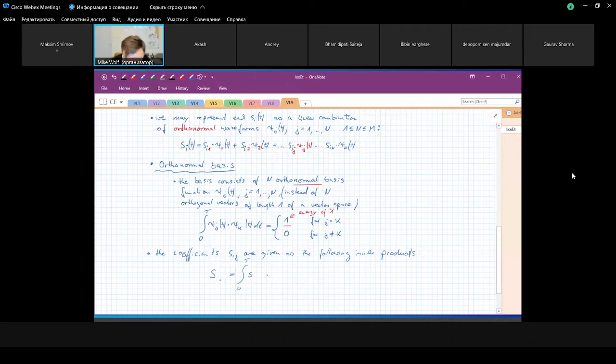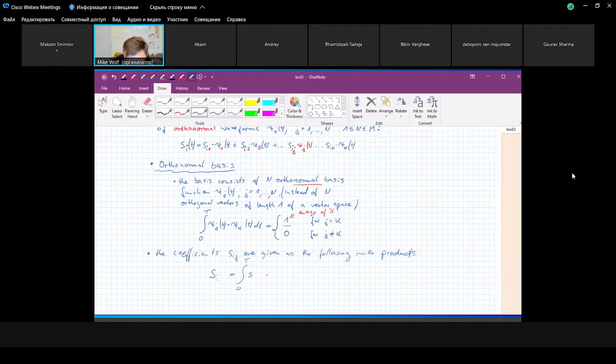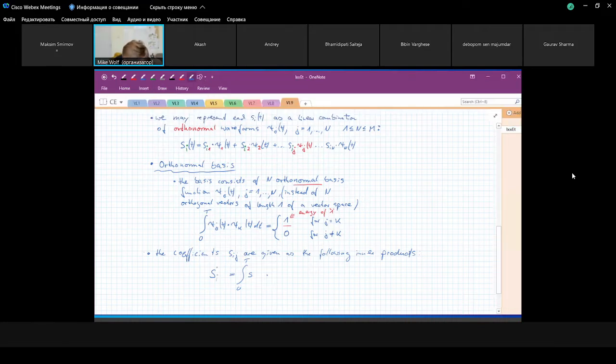A green color for the ith signal. Yeah, this is signal number i, so let's say Si of t. And then here in red, Cj.